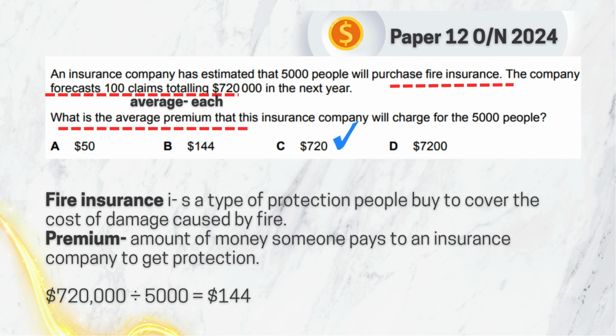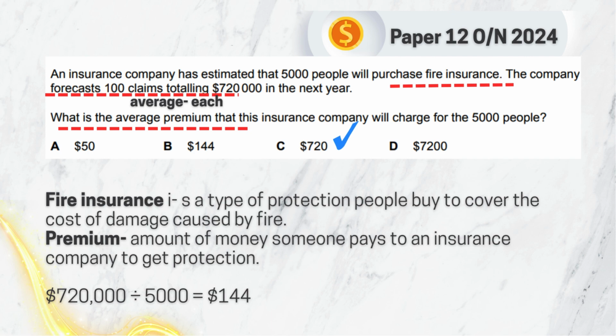Because there might be some fires, there will be 100 people asking for help from the insurance company next year, and the total cost will be 720,000 for the insurance company. So the question is, what is the average premium the company should charge each person?